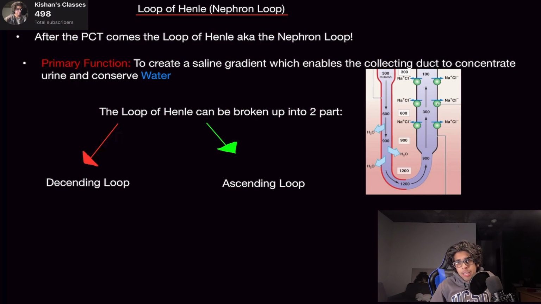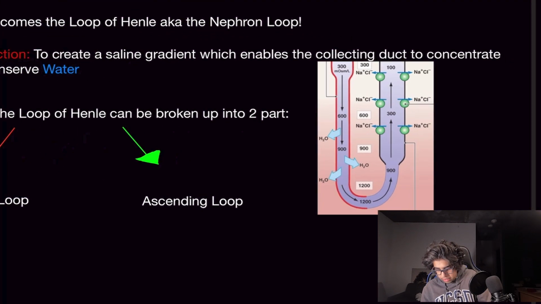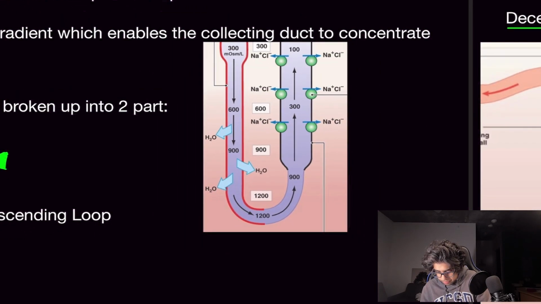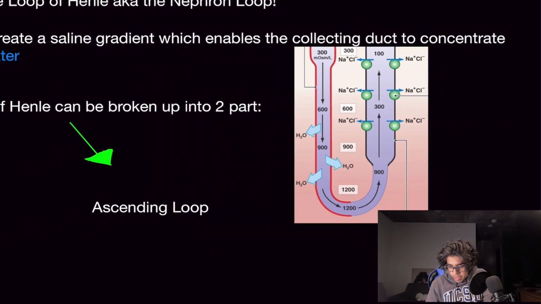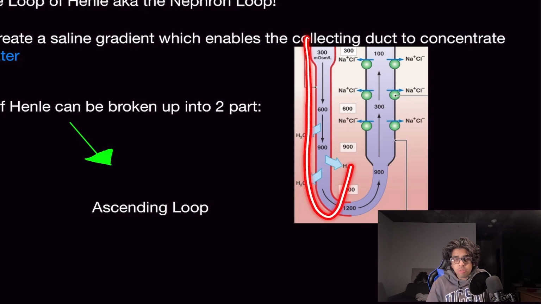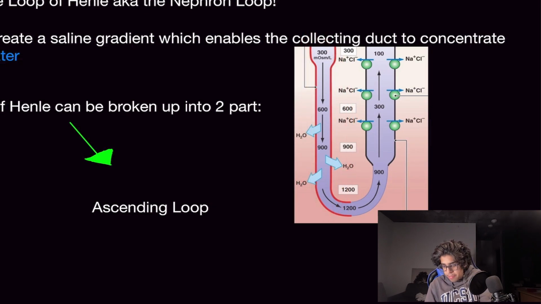The loop of Henle can be broken up into two separate parts: the descending loop and the ascending loop of Henle. Look at this picture. We have this portion that goes down, and then it curves back up and goes this way. Notice the arrows.